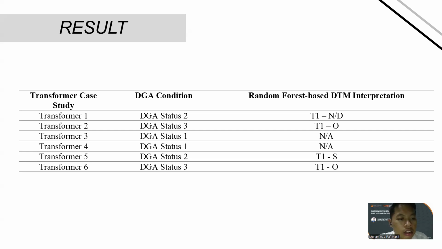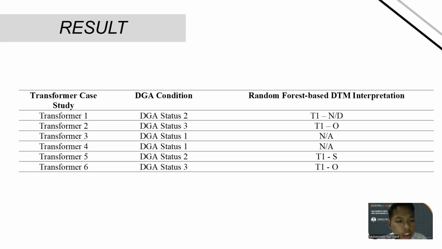And then the result gives us what you can see in the presentation. For transformer number 1, the DGA condition is status 2, and the fault identification is low thermal fault, not defined. For transformer number 2, got status 3 with the low thermal fault and overheating.